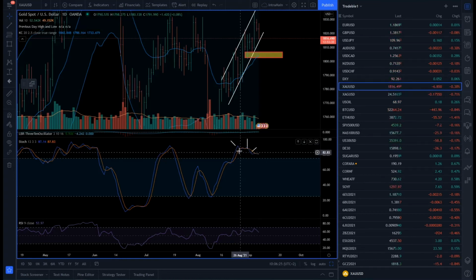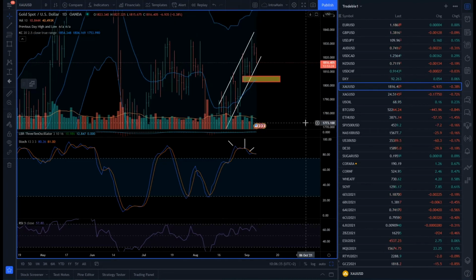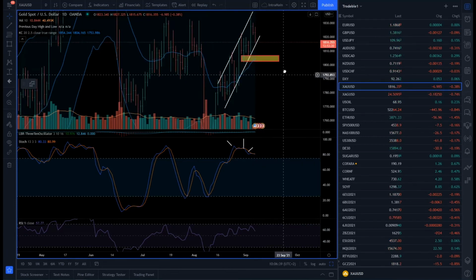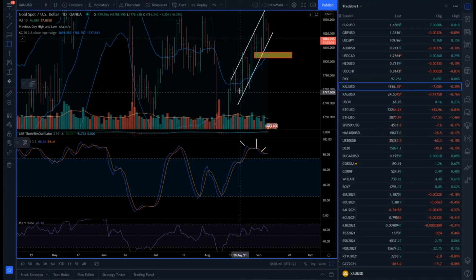This is the fast line, right? The blue line. RSI also made multiple pushes upside, and right now is potentially turning to the downside. So I definitely see tons of potential. 1804, and then if there is more weakness, we can also see 1785.